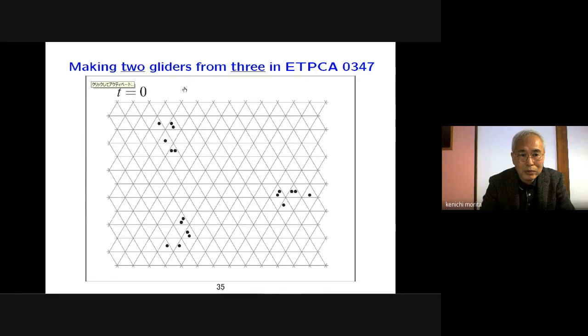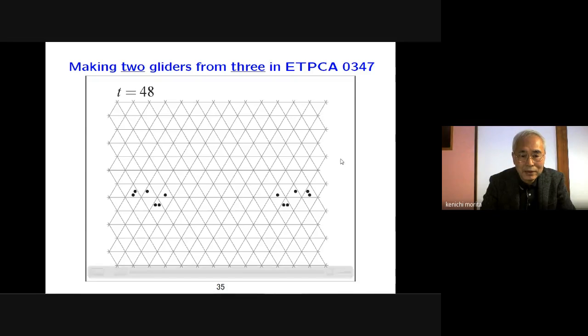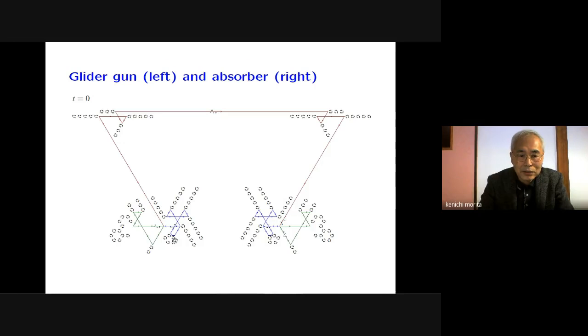Symmetrically, from 3 gliders, 1 glider is annihilated. This is a symmetric situation. Therefore, 1 glider is reversibly deleted. Using such phenomena, we can construct a glider gun and glider absorber.